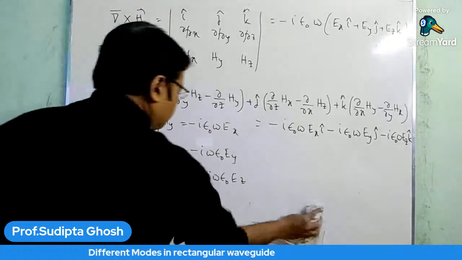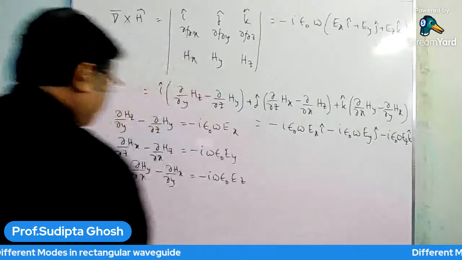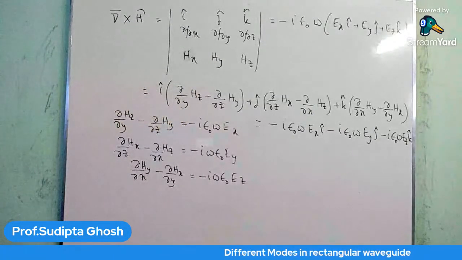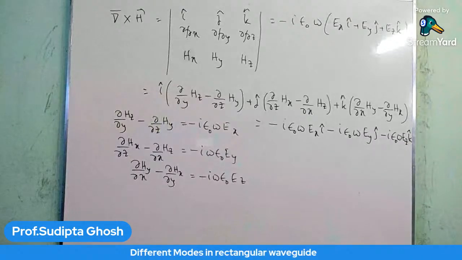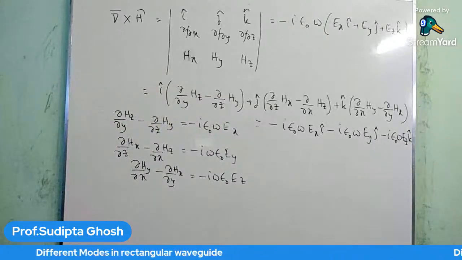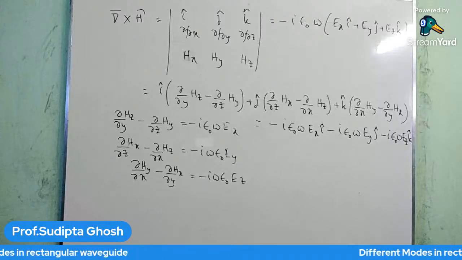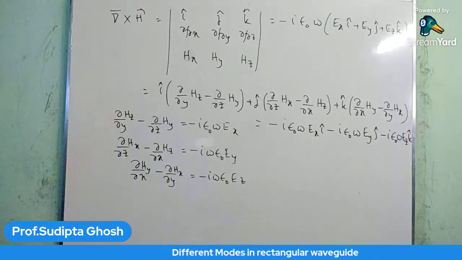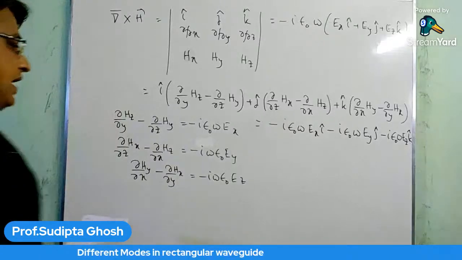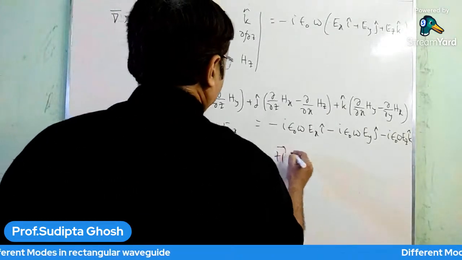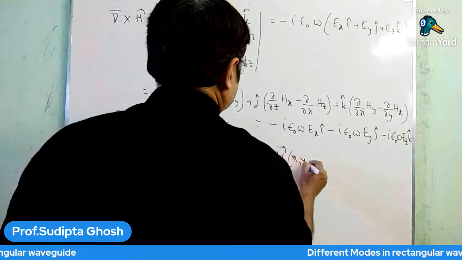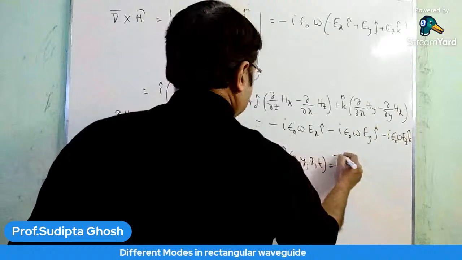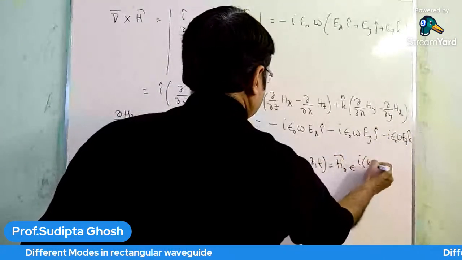It was the solution we assumed for the form of H or the form of E. We have the value of H as H(x,y,z,t) equals H0 e to the power i(kz minus omega t).